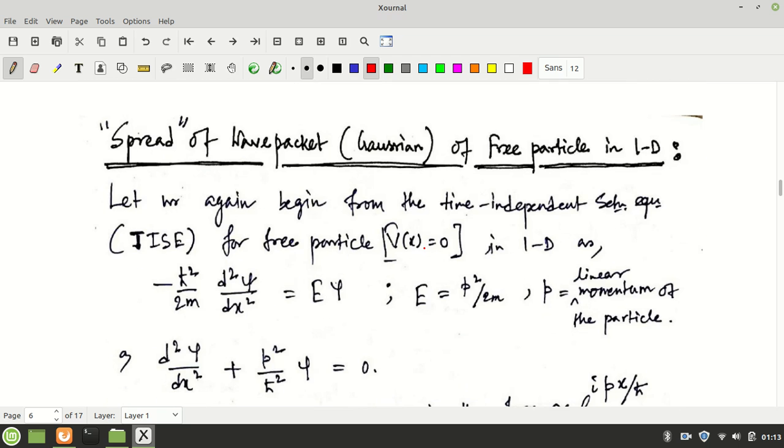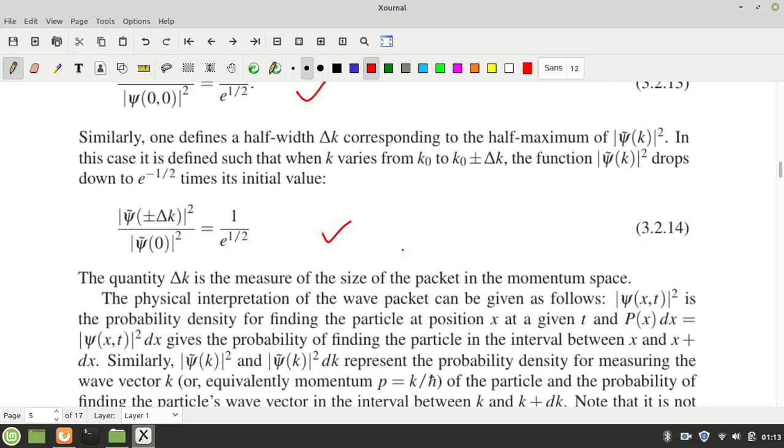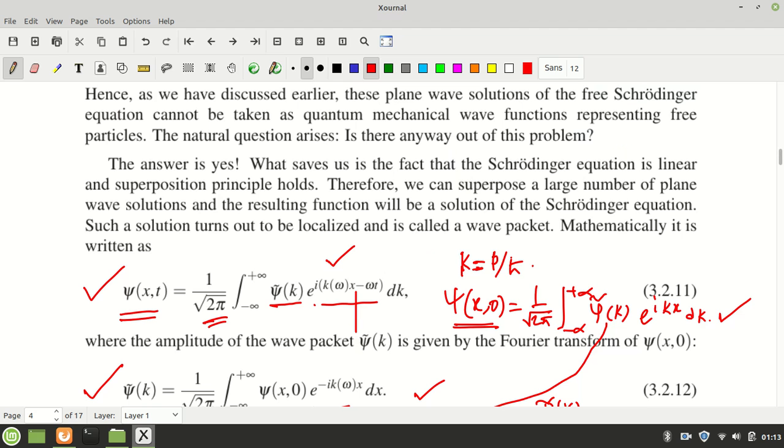So in my next lecture I will discuss the spread of the wave packet. In my present lecture I have not discussed the shape of the wave packet, because the form of psi is not written over here.